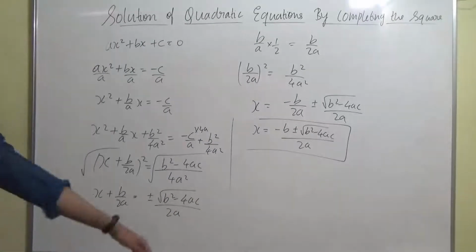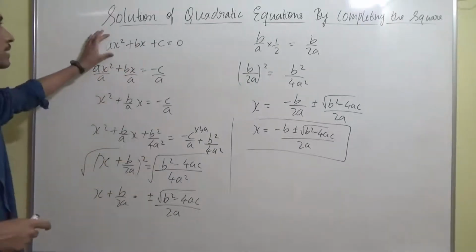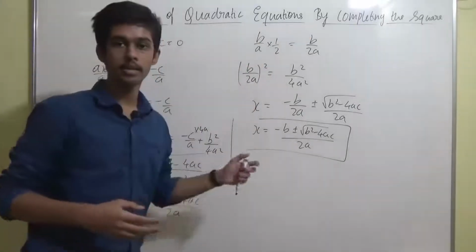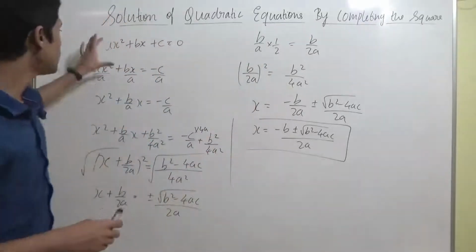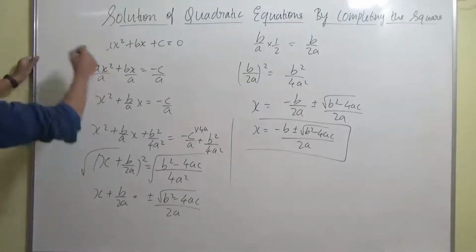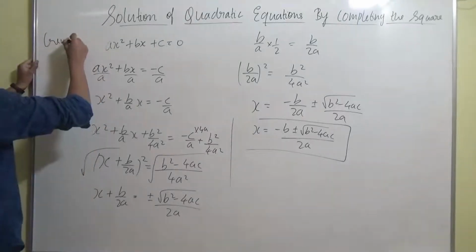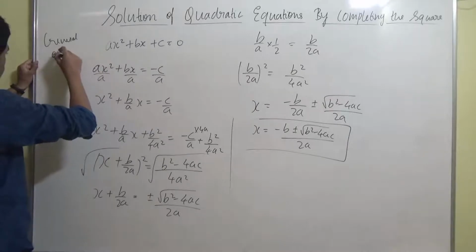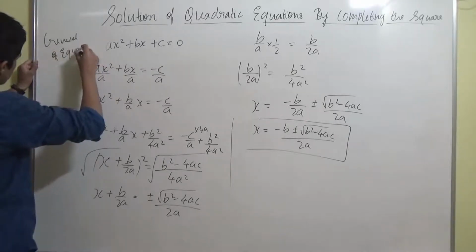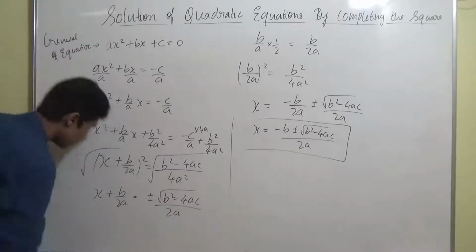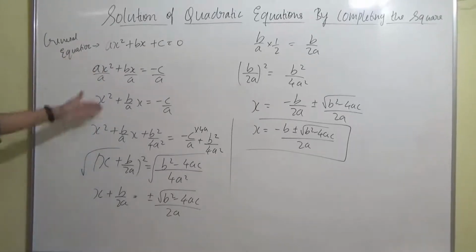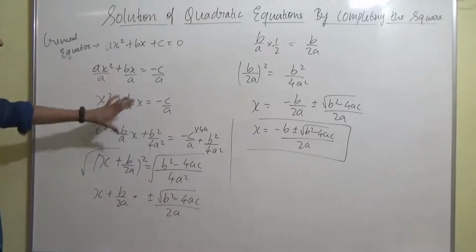Getting it? For any general equation, if we apply the method of completing the square, like how we did in the previous examples, this is the general quadratic equation. Using the general equation, we applied the completing the square method.